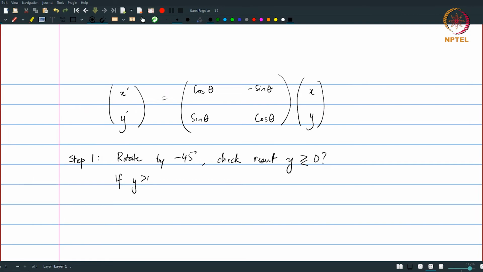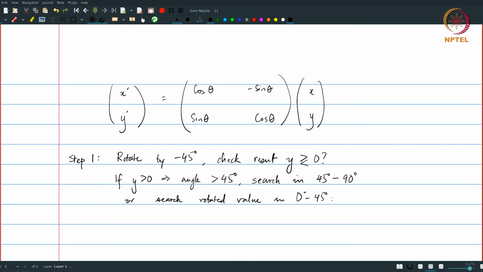If y is greater than 0 in the result, it means that the angle is greater than 45 degrees. So now search in 45 to 90, or search the rotated value in 0 to 45 degrees.